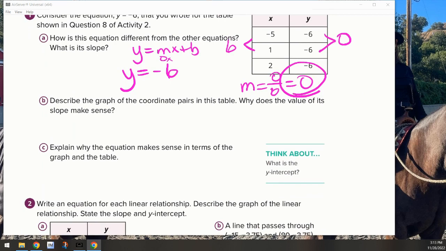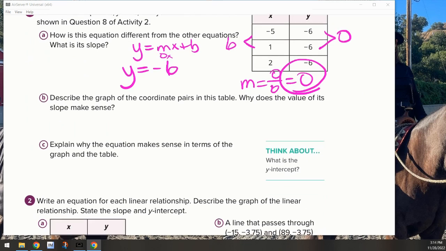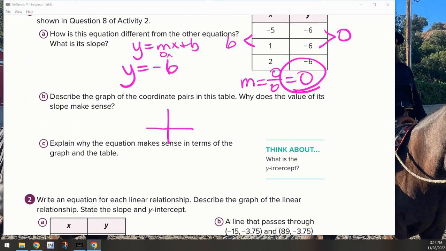Describe the graph. Okay. If I was to graph this, I have -5, oops. I have -5, -6. I have 1, -6. I have 2, -6. What happens here?